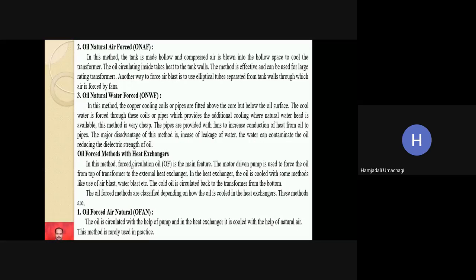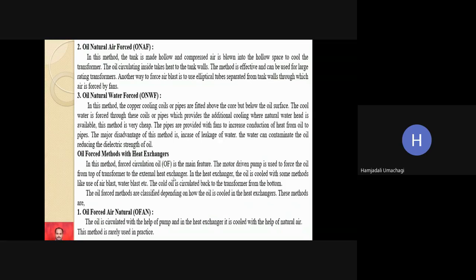In this method, forced oil, that is OF, is the main feature. The motor driven pump is used to force the oil from the top of the transformer to the external heat exchanger. Till now the oil was natural, but now we are going to use compressed oil.